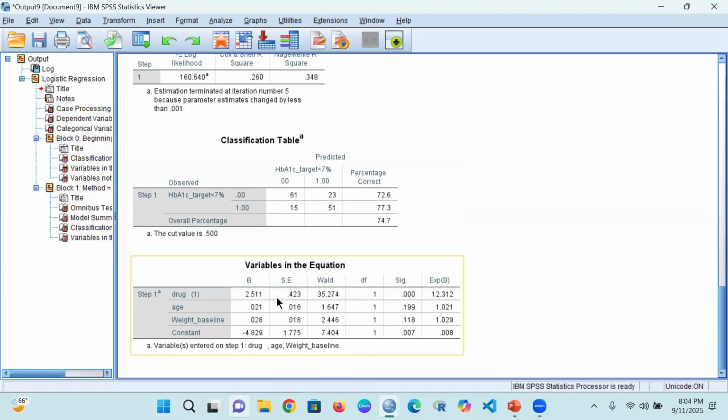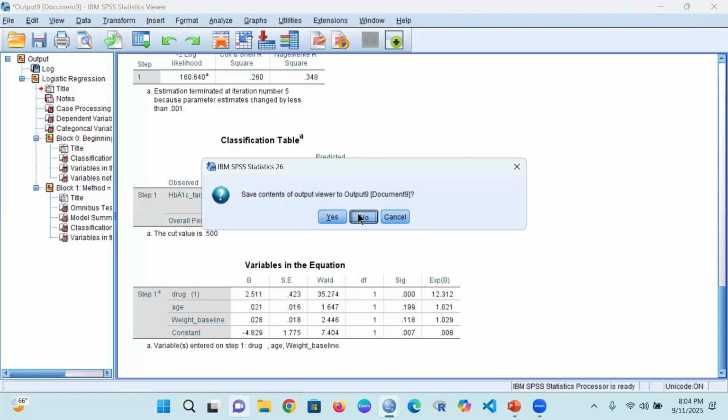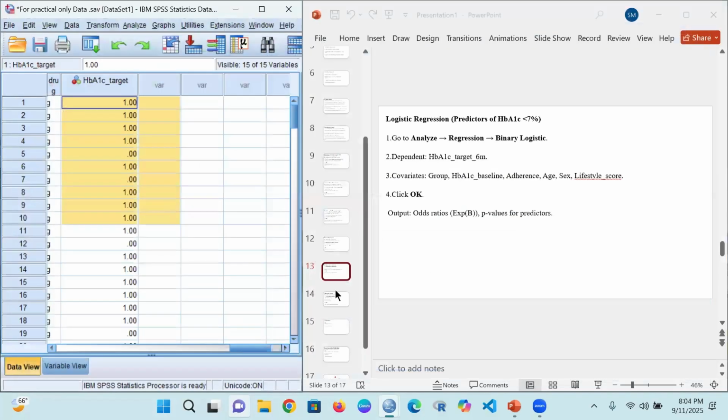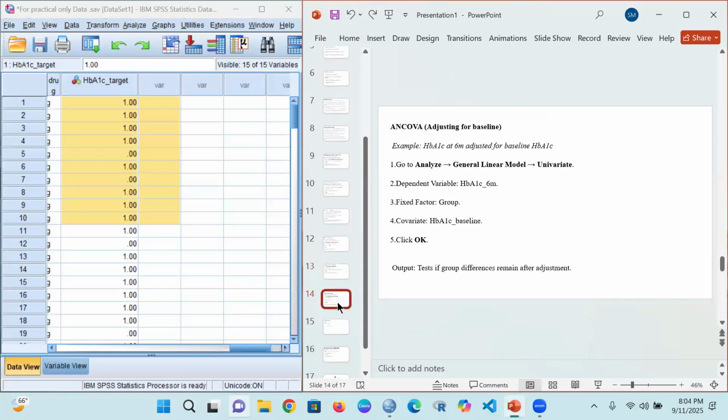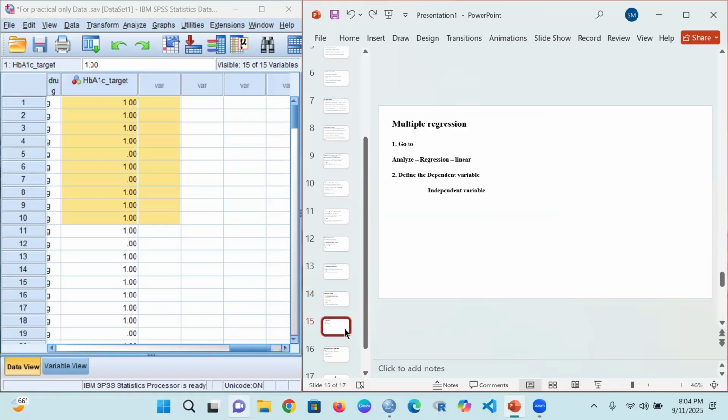Because the age and the weight baseline have no significance. They have no significance. So next, after that, we want to conduct our last analysis, which is a multiple regression.